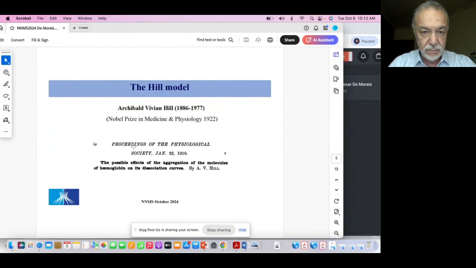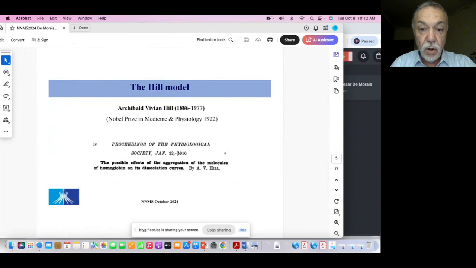Then, to perform this, the Hill model was proposed in 1910. It was proposed by Archibald Vivian Hill. This paper was the second paper Hill published in his life.